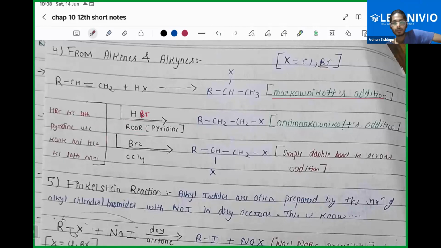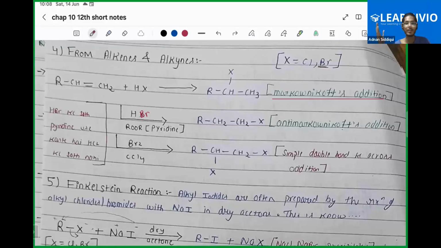So if there is pyridine, then it will be anti-Markovnikov's rule. The anti-Markovnikov rule is only if you have HBr and pyridine. If you have HCl plus pyridine, again it will go through Markovnikov. Mark it somewhere: if you have HBr plus pyridine with alkenes, then anti-Markovnikov.